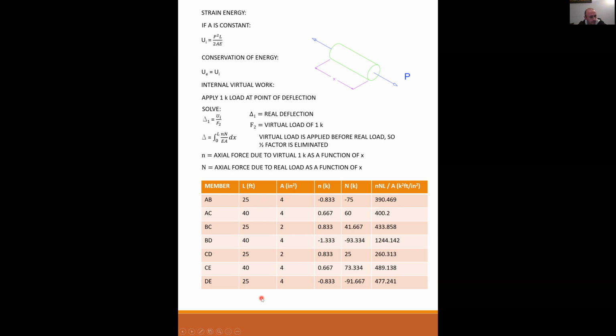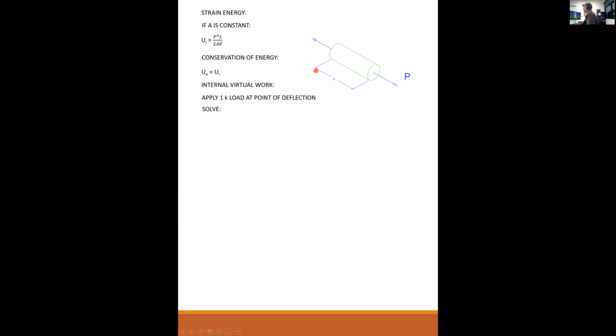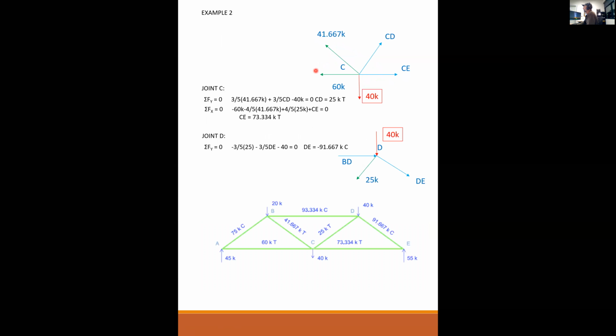Any questions so far? Everybody still with me? Professor, how come they're constant? Okay, good question. In a truss, if I look at this member right here, and I measure x from this left-hand end, no matter how far along this member I go, it's always going to be 75 kips of tension, or compression, I'm sorry.